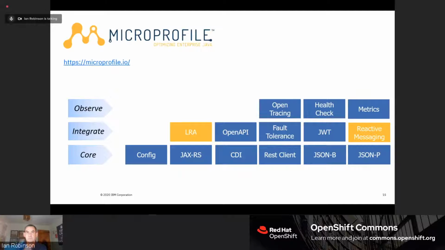It is focused on defining simple cloud-native APIs that build upon the most commonly used Java EE building blocks, and transactions and reactive messaging are standalone specifications that augment the core foundational capabilities of MicroProfile at the moment.